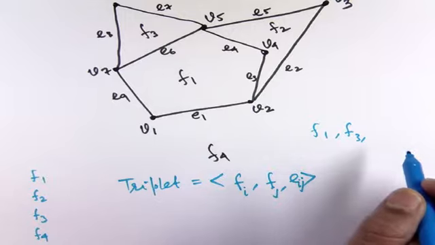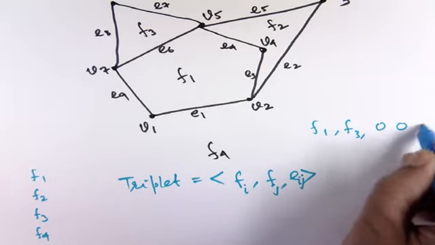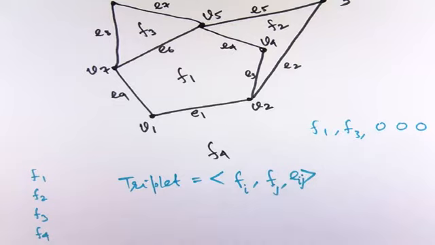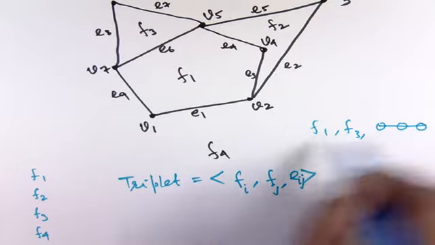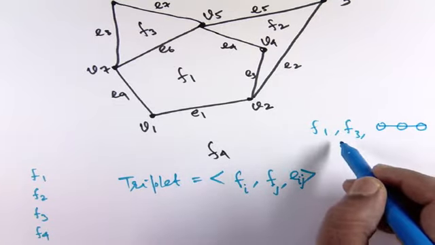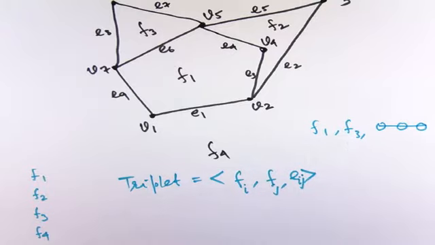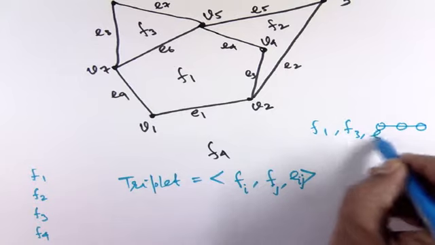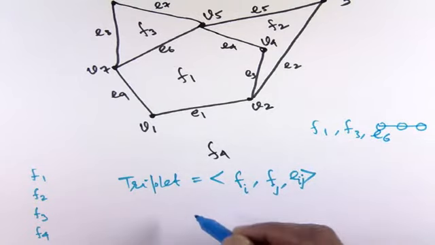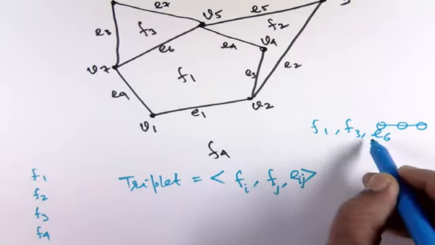Yeah, that is F1, F2 and E3. F1, F2. What is that? E6, right. There is only one edge, so all other entries will be zeros. So it is F1, F3, E6.